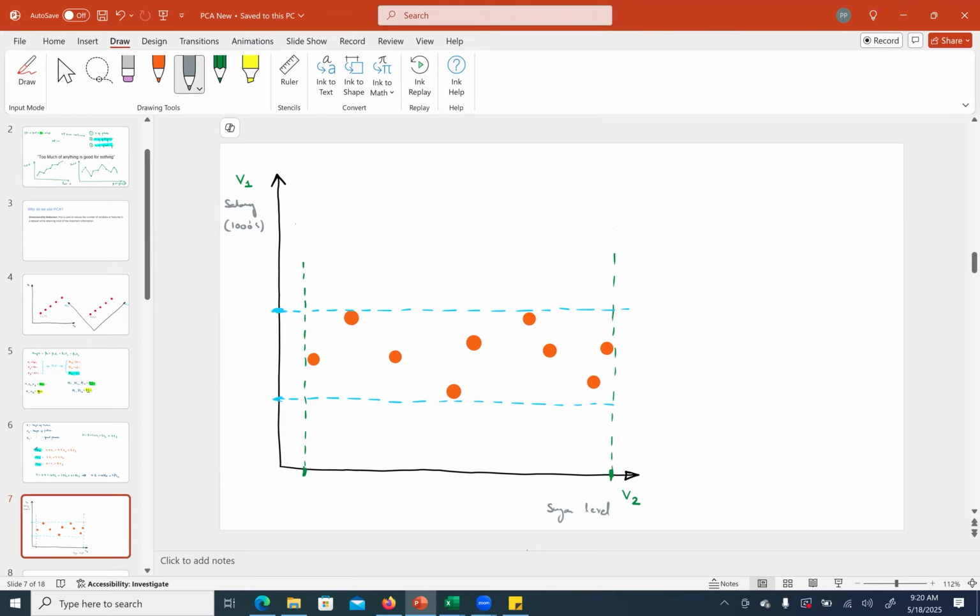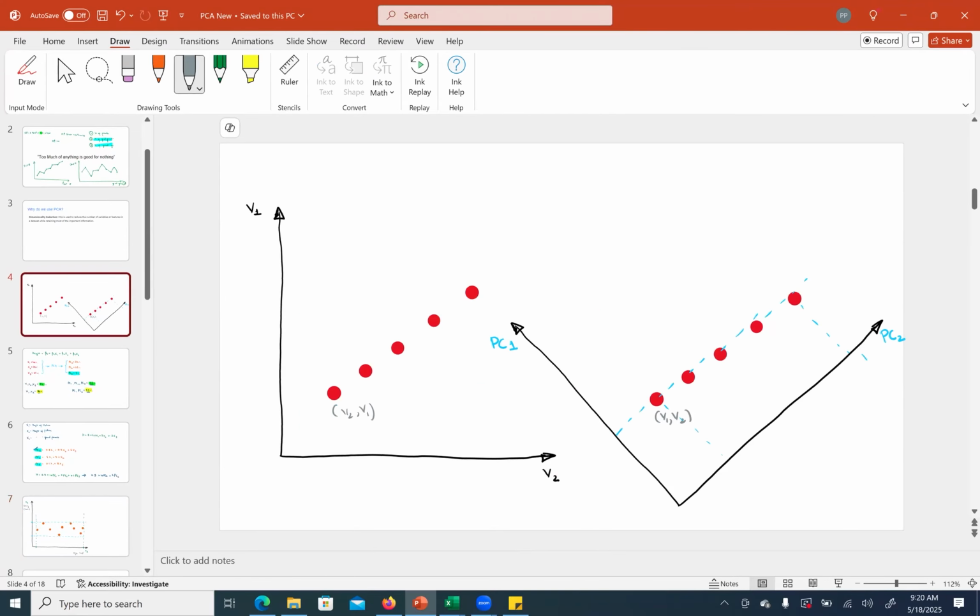Okay, how PCA works is it rotates the axes in such a way that, if earlier this was the range of variable 1, variable 1 also had some range, variable 2 also had some range.